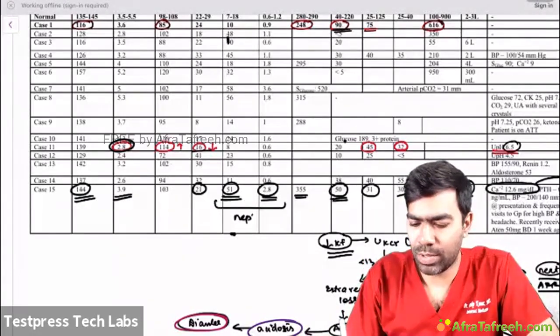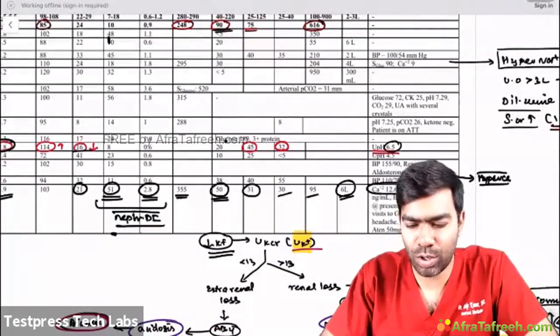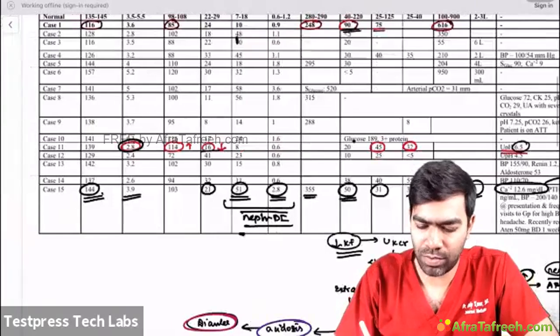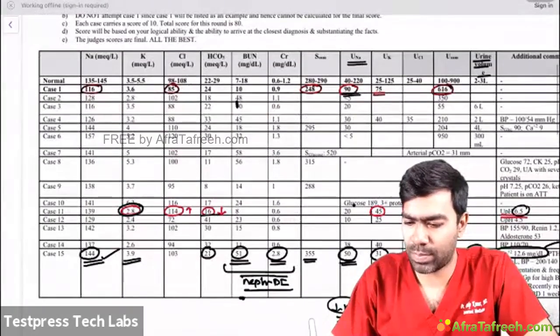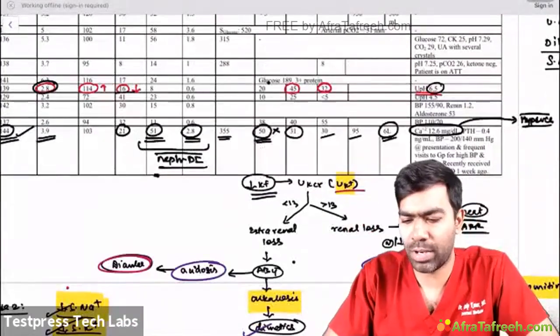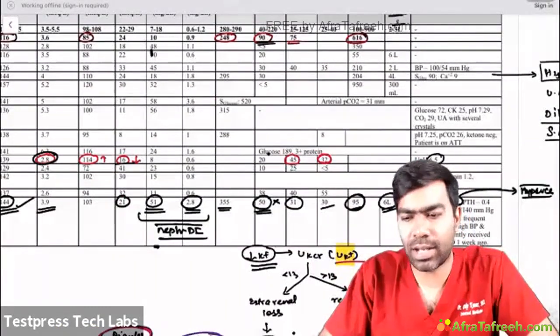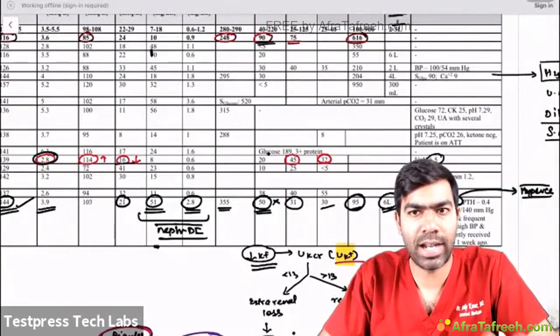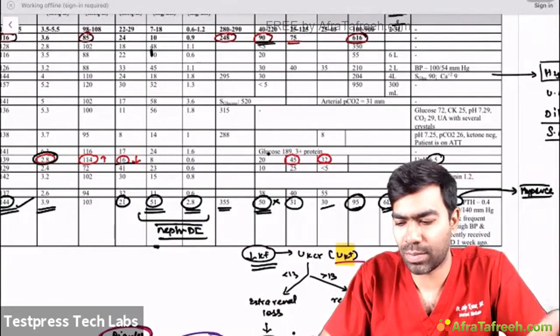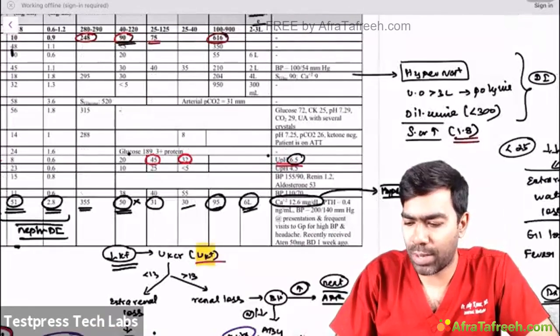So this is likely to be a nephrogenic diabetes insipidus. Actually, I'm dealing with polyuria with high sodium, with a probably low urine osmolality, because with this kind of high sodium, I don't expect urine sodium to be 50. It should be high. It is low. So this patient is surely having diabetes insipidus, and is likely suffering from nephrogenic diabetes insipidus. Why nephrogenic diabetes insipidus? It is due to hypercalcemia.